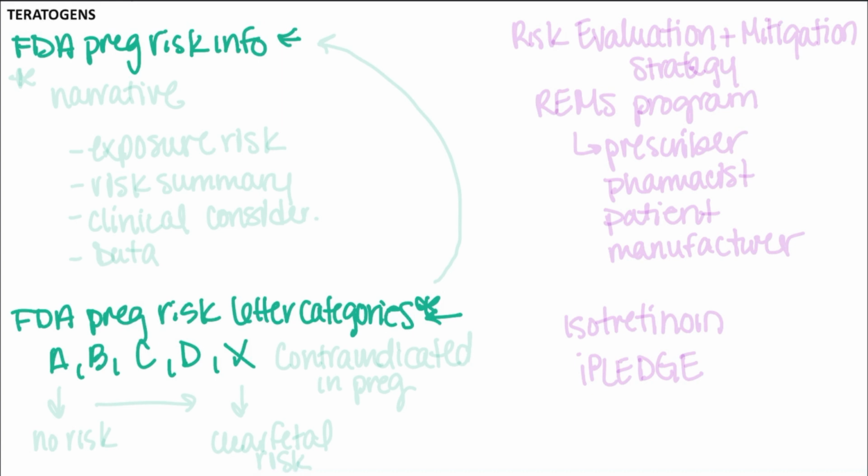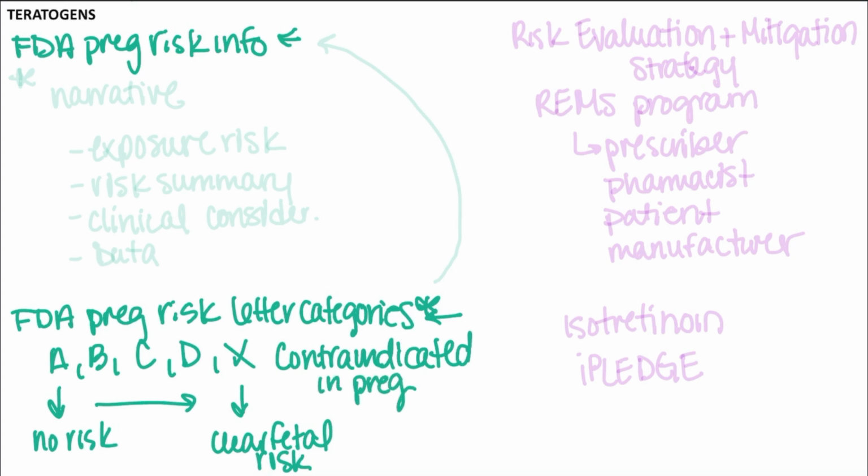And with A being no documented fetal risk despite well-controlled trials, all the way to X, which means the agent demonstrated clear fetal risk and the risk outweighs the benefits of administering this drug, essentially meaning that this agent is contraindicated in pregnancy.